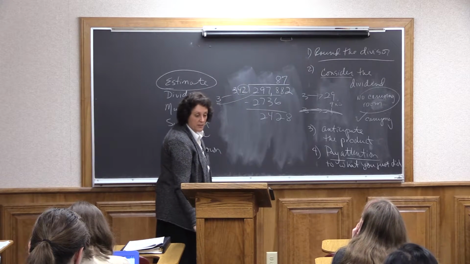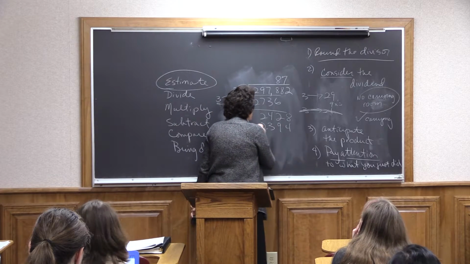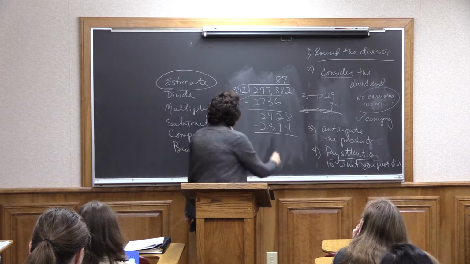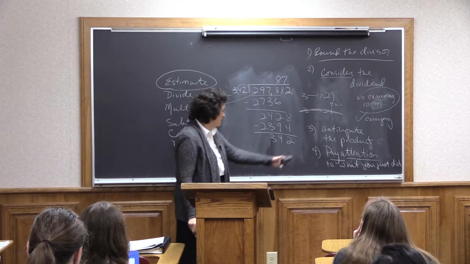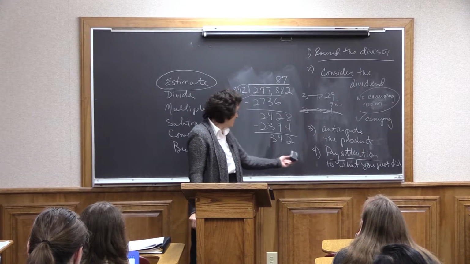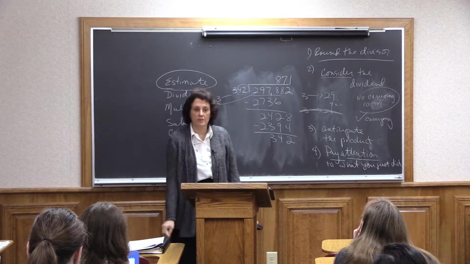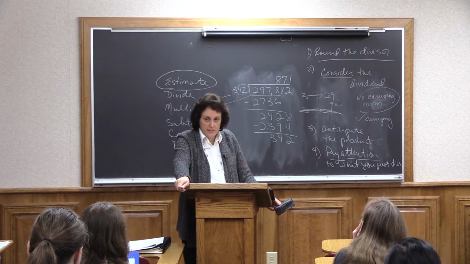And 7 is going to give me 2394. Fits nicely. Then when I subtract, yay, pay attention. That's actually my divisor. Okay, so the more you engage your mind, the faster you're going to be able to do the division problem.